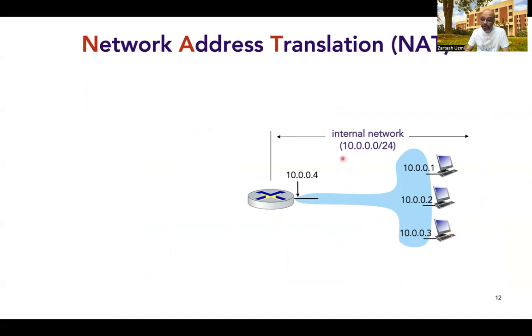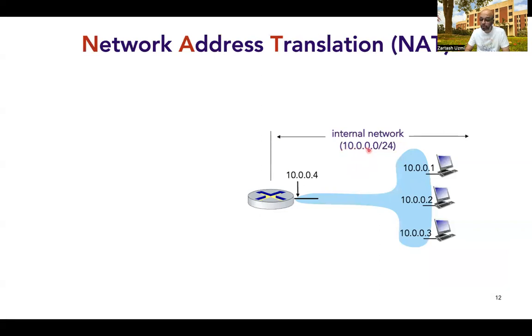In this particular example, all the IP addresses here start with 10.0.0. The first three octets are 10.0.0, and the last octet is 1, 2, 3, all the way up to 255. It could be any one of those.